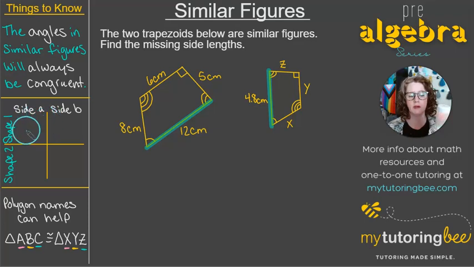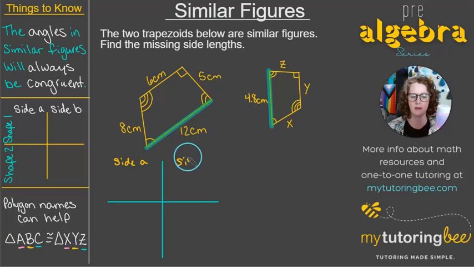trapezoid. Now I also like to use a table or like a chart like this. This kind of helps me set up my proportions. So I'm going to call this side A and this side B. And then over here on the sides, I'm going to write shape 1 and shape 2. All this does is help us to form our different fractions that are going to be set equal to each other.